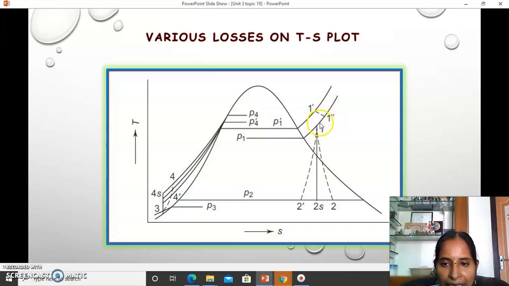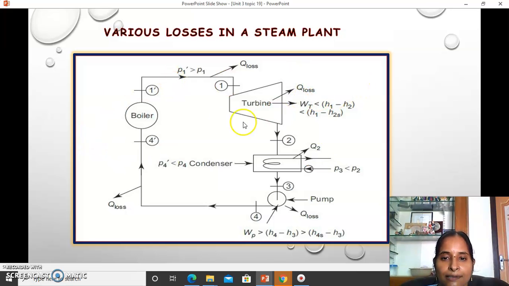Here heat loss occurs, here pressure loss due to pipelines. 1 dash to 1 double dash is the pressure loss, and 1 double dash to 1 shows you the heat loss.